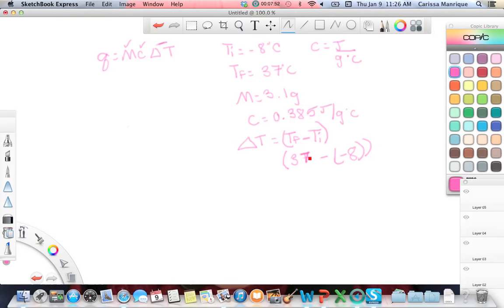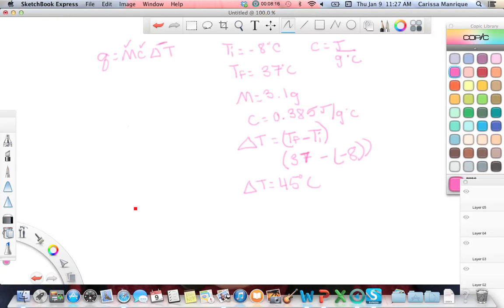So this will end up being 37 plus 8, which is 45. So delta T is 45 degrees Celsius.